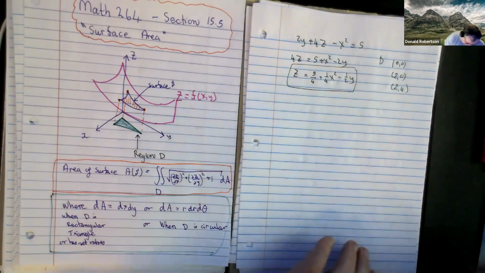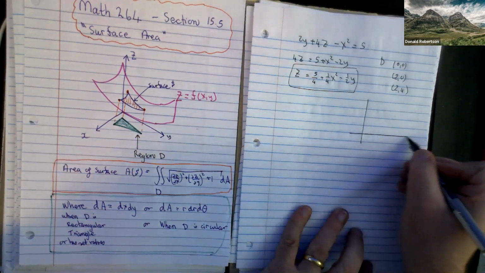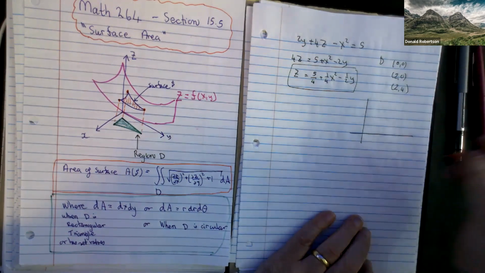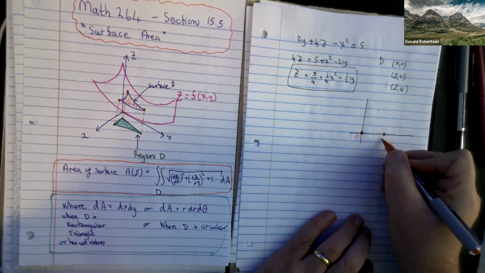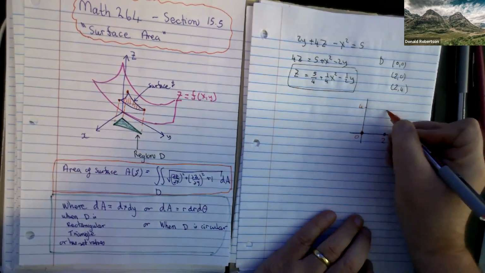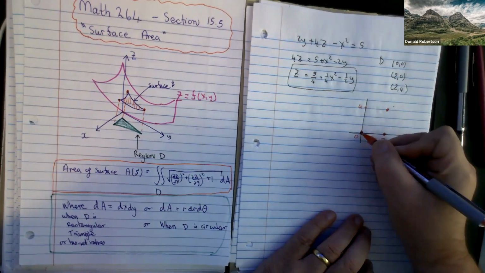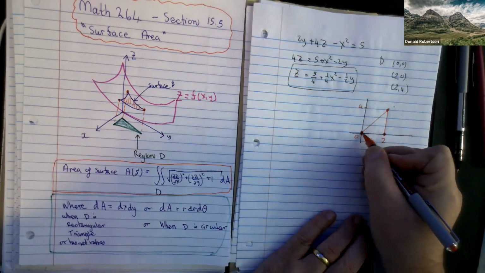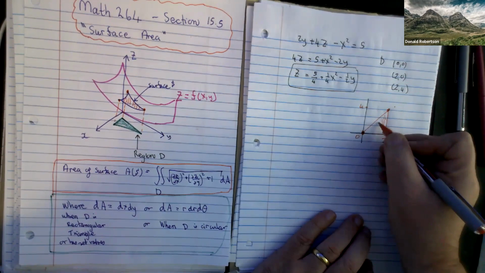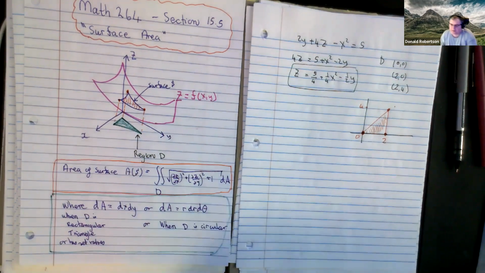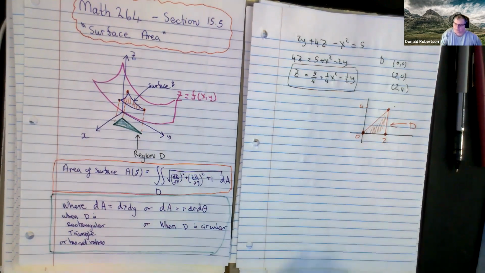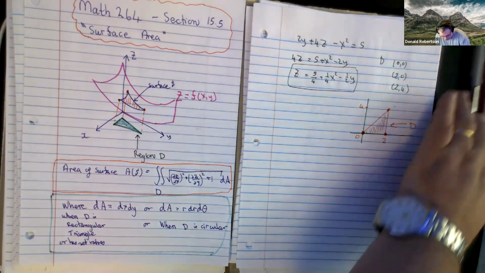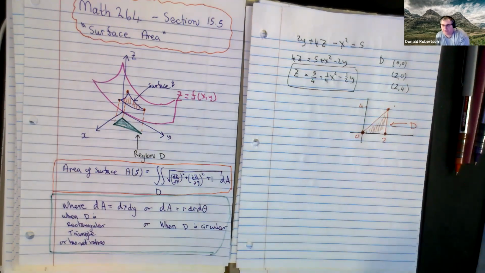Now that region D is going to be a triangle, 0, 0, 2, 0, and 2, 4. That's the region D. Okay, do you want me to build this region by vertical scanning or horizontal scanning?